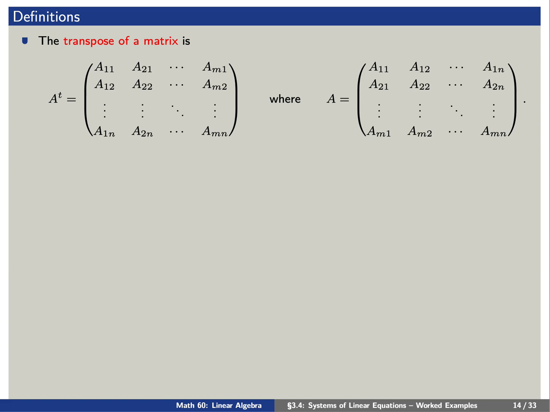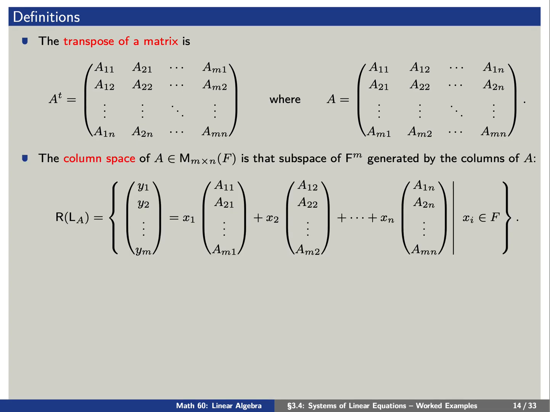There are a couple other concepts that we'd like to remind you of today before we move on to the new topics. Let's say that we have an m by n matrix, capital A. Recall that its transpose is that n by m matrix that we find by simply swapping the rows and the columns.